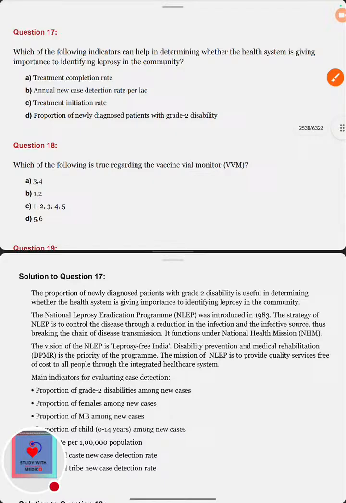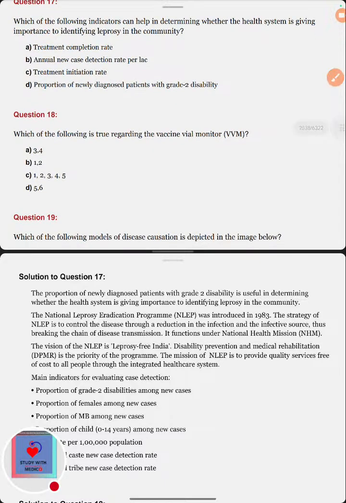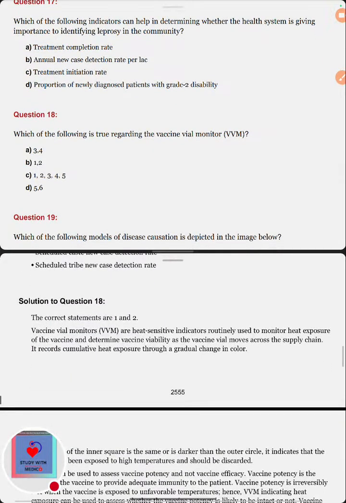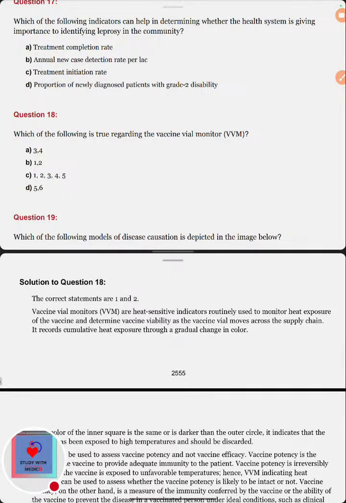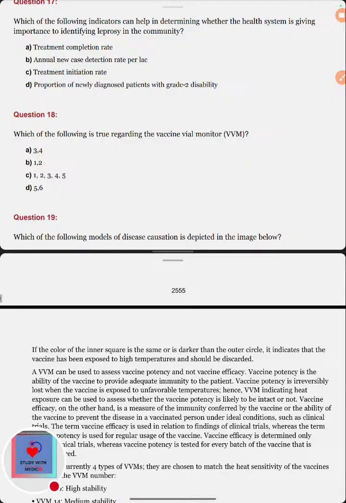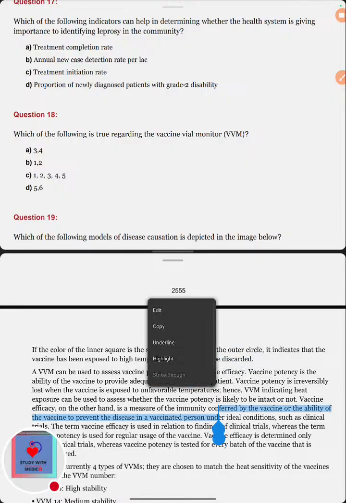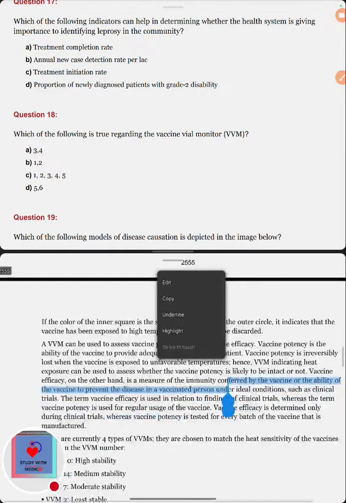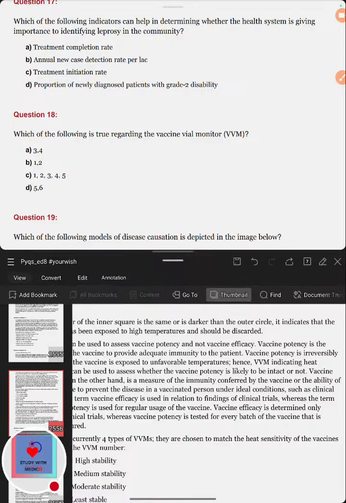Which of the following is true regarding the vaccine vial monitor? Vaccine vial monitor heat sensitive indicators are generally used to monitor heat exposure of the vaccine and determine vaccine viability as the vaccine vial moves across the supply chain. It records cumulative heat exposure through gradual change in color.